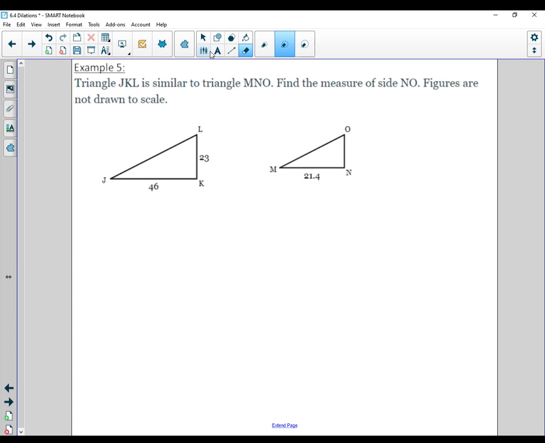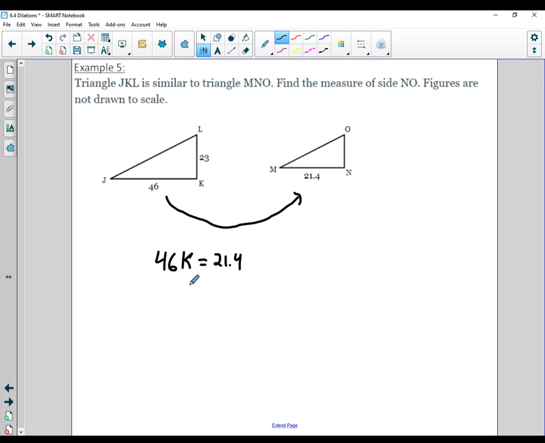For this next one, I don't want anyone getting confused and just always dividing the smaller number. So we're going from this figure to the other figure, right? We're going from here to here. And the answer is 46 times what gets us 21.4? 46 times some number, maybe k, equals 21.4. To find k, our scale factor, I'm going to divide by 46.